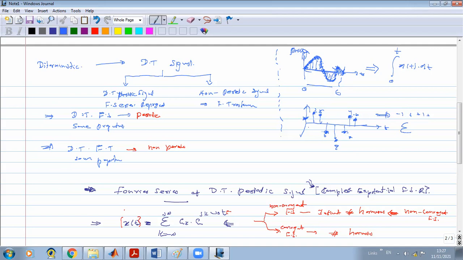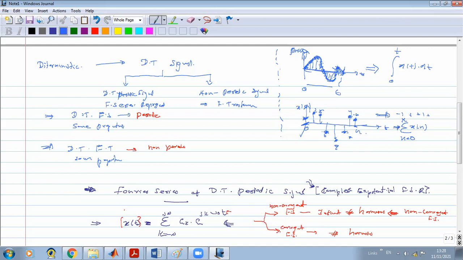That means you have a summation here. This point may be x[n], so you have to sum these points from here to here, say 0 to n, or 0 to k. You can add them simply.